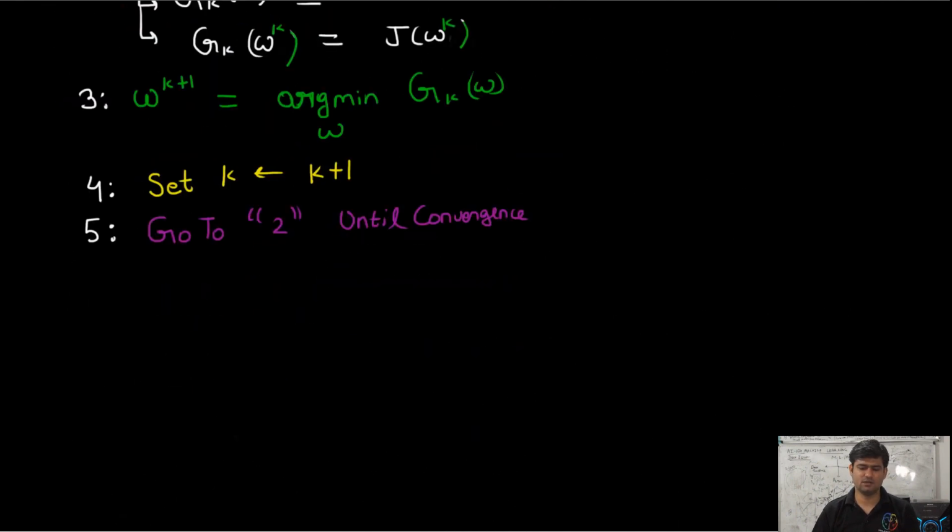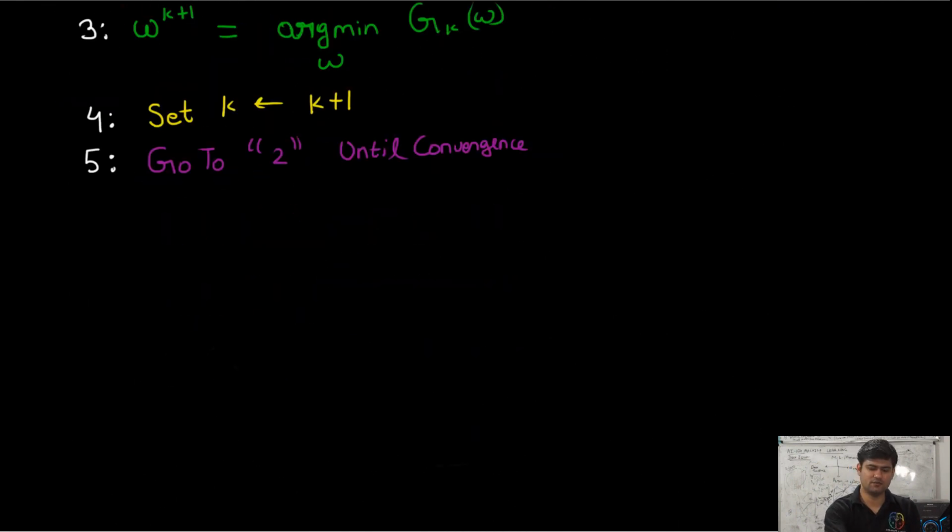And here we can add a convergence condition that perhaps checks the difference between the new estimate of the parameters and the previous estimate of the parameters. We name this variable diff, which is equal to the L2 norm of the difference between wk and wk plus 1.